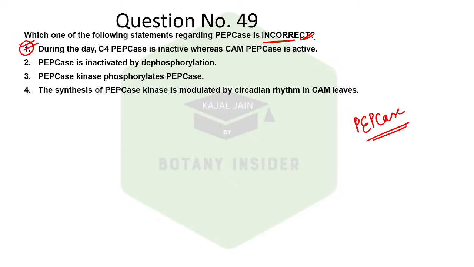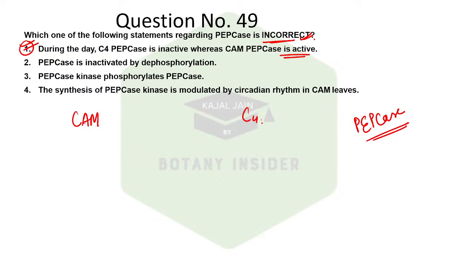Okay. You need to find out the incorrect statement regarding PEP case. So during the day, C4 PEP case is inactive, whereas CAM PEP case is active. No, it's the other way around. Try to recall what you studied in the case of your CAM pathway and your C4 pathway.